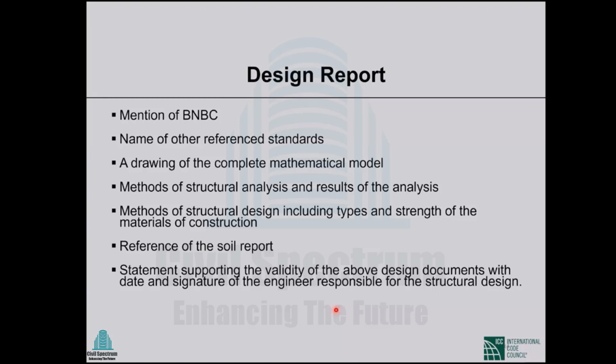For example, in order to understand the effect of the soft story building, we need to model the brick infill walls. So how can we model? We can model it in many different ways. For example, we can model it as struts. If we do that, then in the drawing of the mathematical model, the walls, brick walls, should be shown as struts instead of walls. So that is the mathematical model.